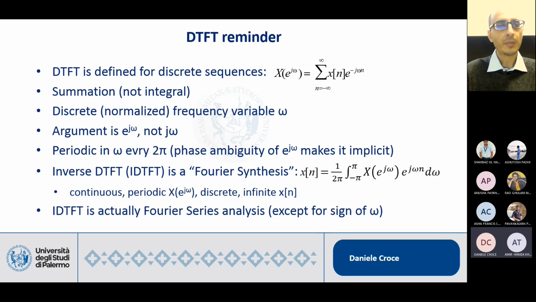So we have a continuous periodic function, capital X of e to the j omega, and a discrete infinite sequence x of n. So the inverse discrete time Fourier transform is actually a Fourier series analysis, except for the sign of omega. Is it clear? Again, this is something that we have seen already in the first lectures.